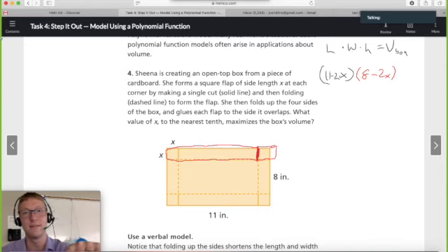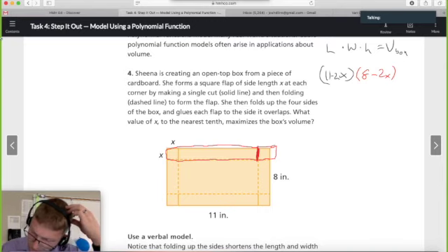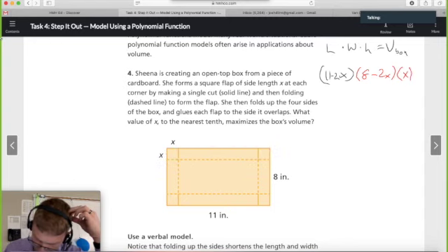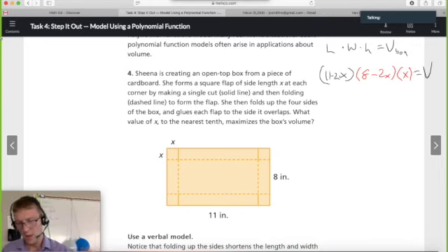You guessed it. That would just be x. And I put an extra parenthesis there just for fun. So now we have a third degree polynomial that we know how to work with, right?